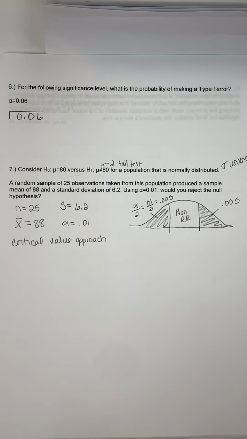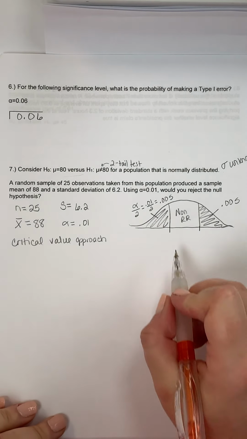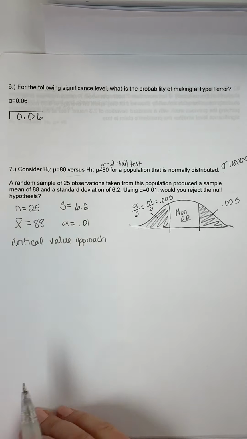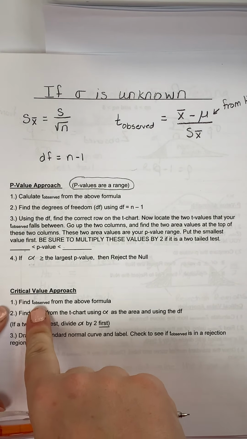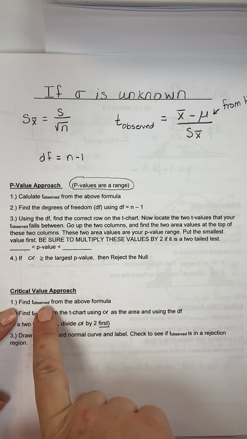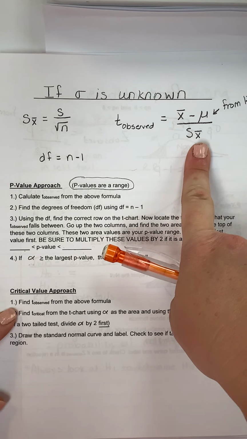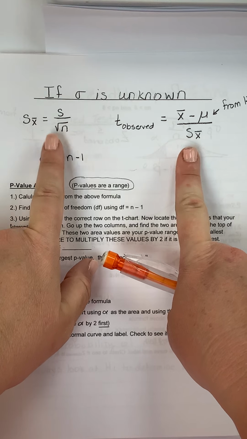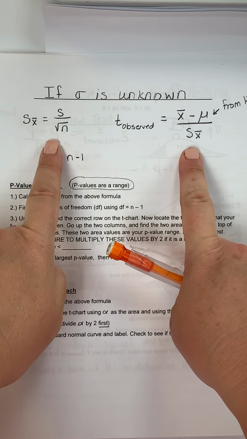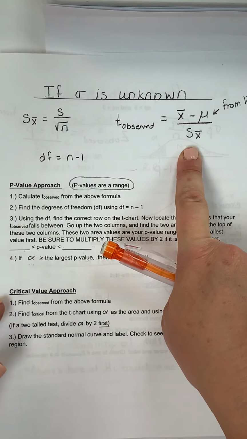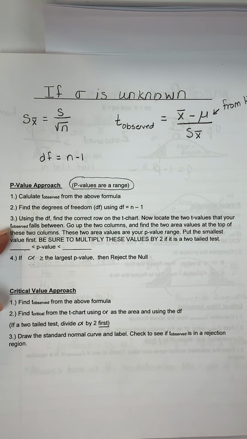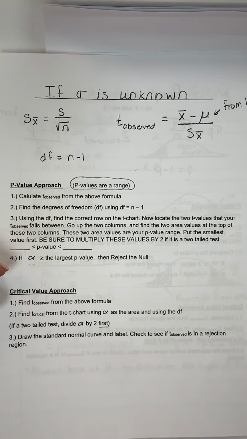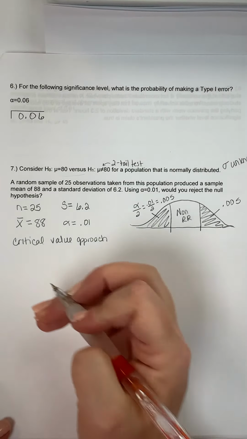Now what I'm going to do is follow my steps. I'm going to go back to my little paper. My first step, find T observed from the above formula. I'm going to use both of these and find my T observed. It's still called a test statistic sometimes, but it's not Z observed anymore, it's T observed because sigma is unknown.